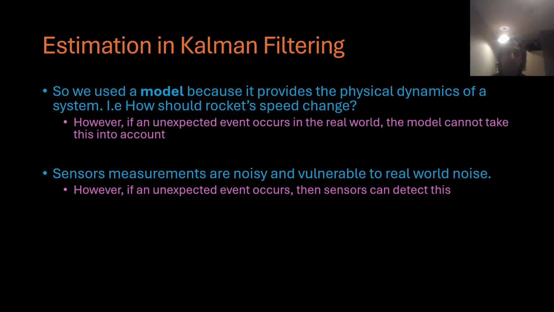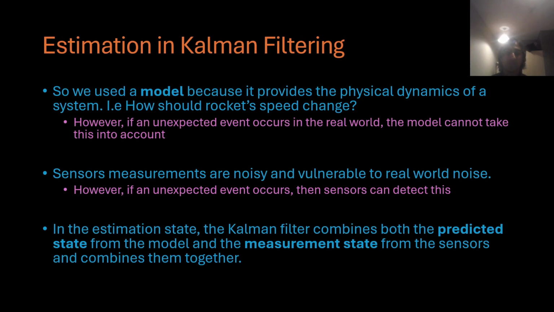But at least they can detect when an unexpected event happens, whether wind happens or whether you drive over ice. That's why we need sensors. Sensors are vulnerable to noise, but at the same time, they can see unexpected events, while models don't tend to deal with unexpected events.